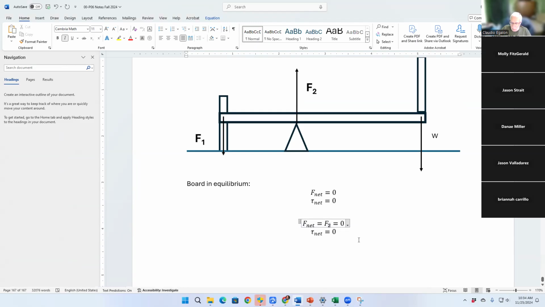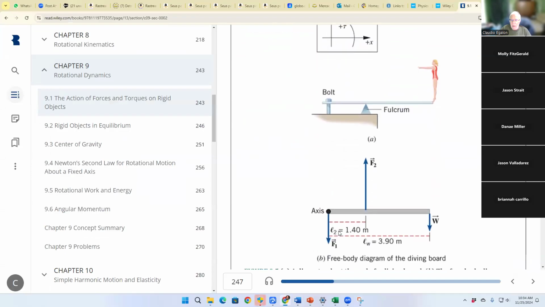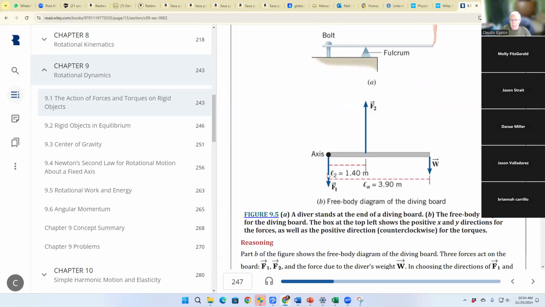F2 minus F1, minus W equal to 0. We do not know F1, we do not know F2. I'm assuming that the force of 1 is downwards, right? Let's see if he put downwards the force as well. Yeah, he put down as well.